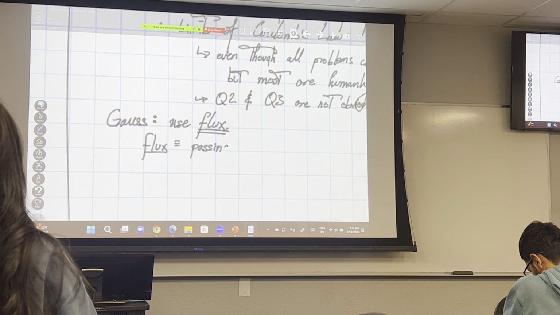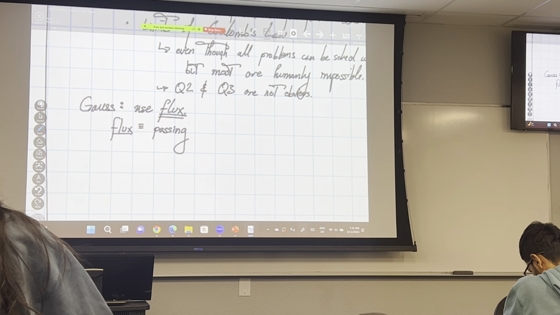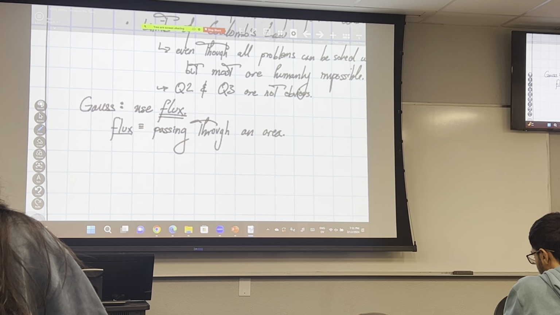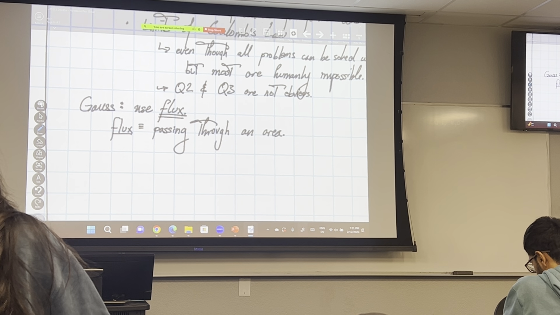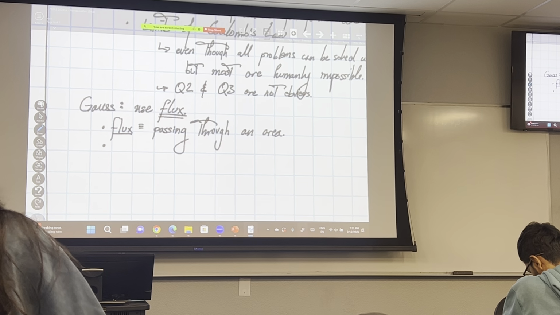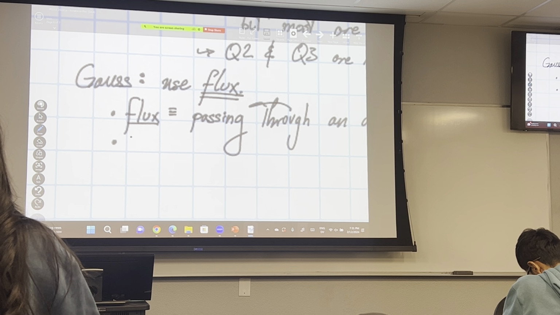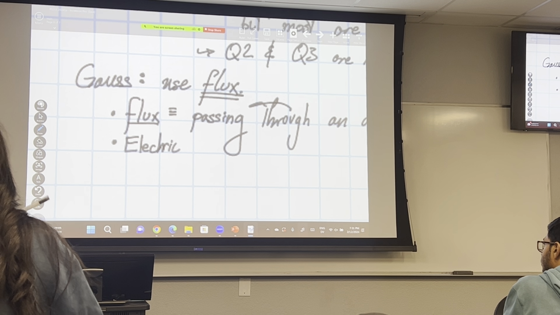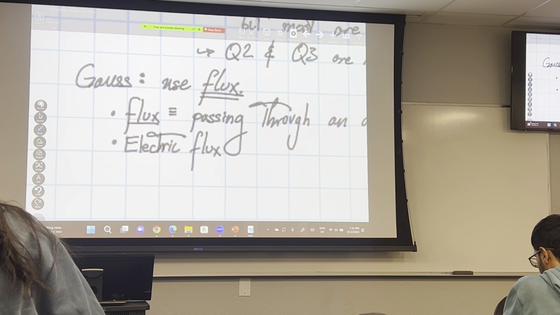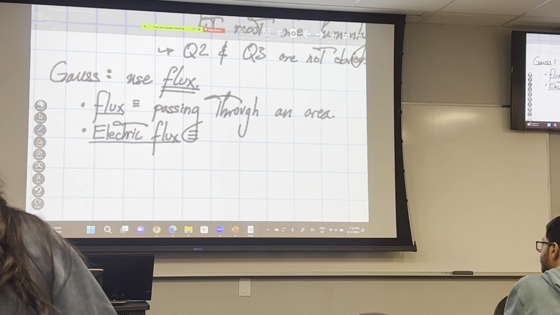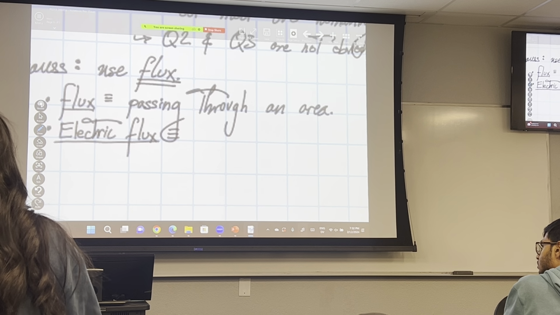It's simply the idea that something is passing through an area. In terms of the specific topic that we are discussing, electrostatics, Gauss used what is called the electric flux. This is simply applying the idea of fluxes onto electric fields.